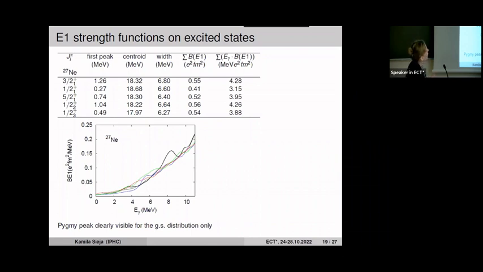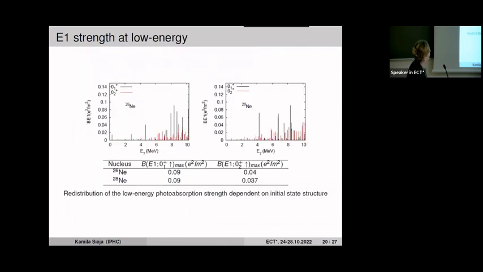I was trying to understand this effect. And here I will show you two nuclei, neon 26 and neon 28, and try to analyze in a little bit more detail what I can get when I calculate and compare these two things.